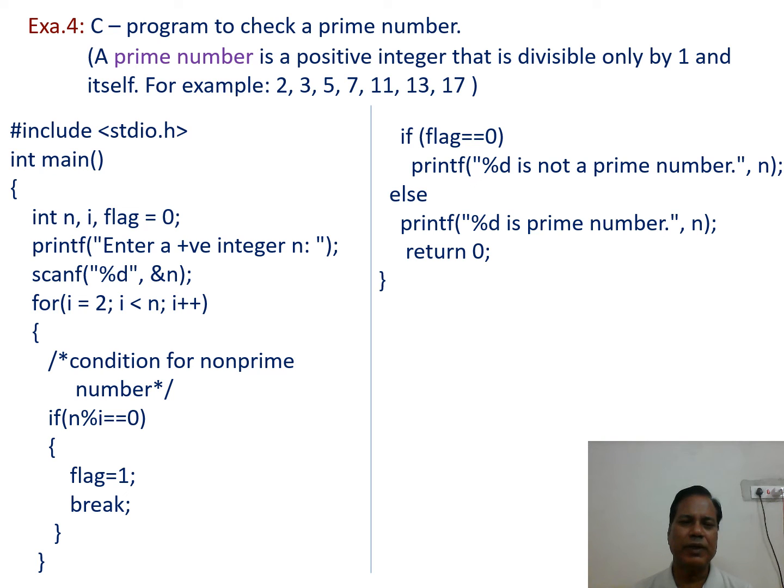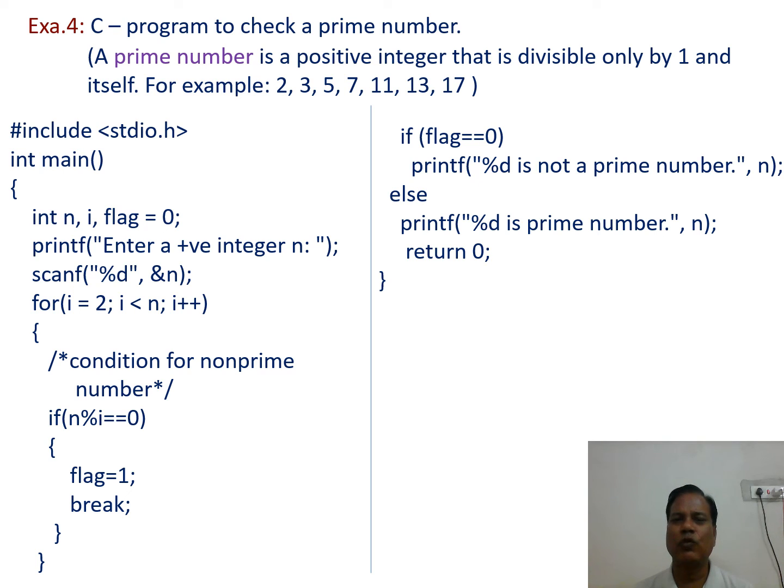If it is divisible, control comes out of the looping statement. Otherwise, control comes out of the looping statement once i reaches the maximum value, when this condition becomes false.